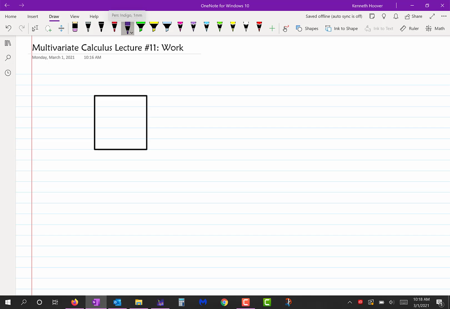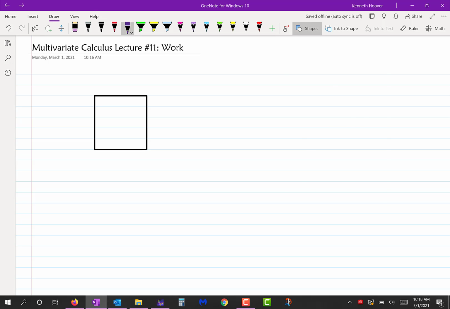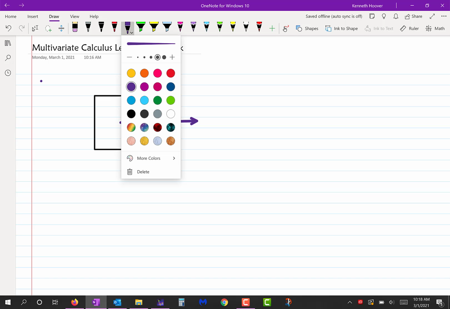First of all, let's say you have that object there, that square. And let's say I apply a force to that square. We'll call this force F, and let's say that force is going in this direction. It's not 100% horizontal, but I mean for that to be horizontal.